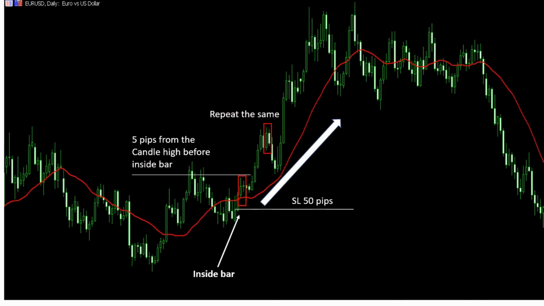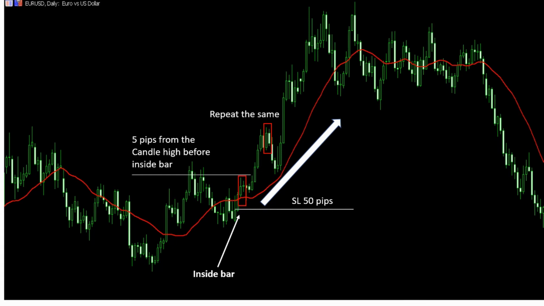If you look at this chart, first of all you need to identify the trend. Clearly the trend is going up. So what you need to do next is look for the inside candle. So this is the inside candle.